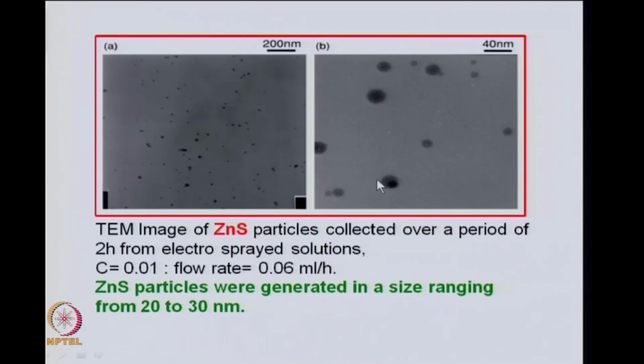So, you can make nanoparticles also by modifying the conventional spray pyrolysis method, and we discussed 3 methods of how you can control the spray pyrolysis method to make particles much smaller than the conventional method gives, and you can now get 20-30 nanometer particles.